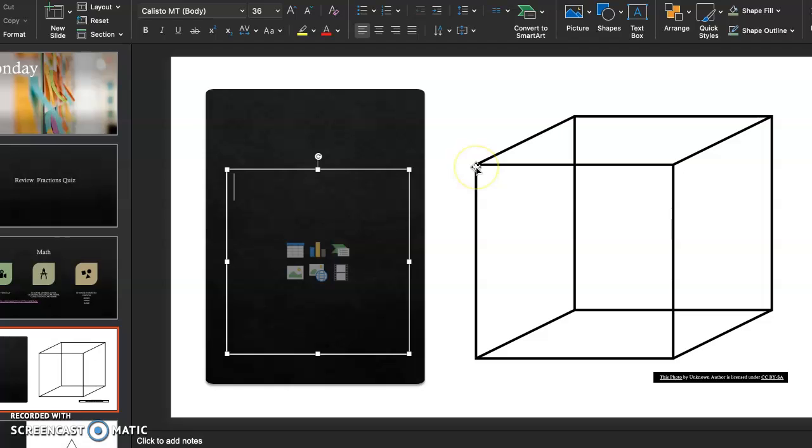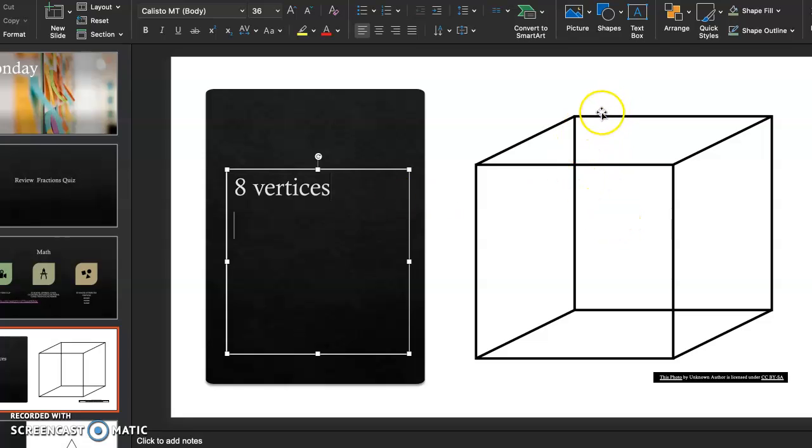How many vertices does a cube have? 1, 2, 3, 4, 5, 6, 7, 8. 8 vertices.